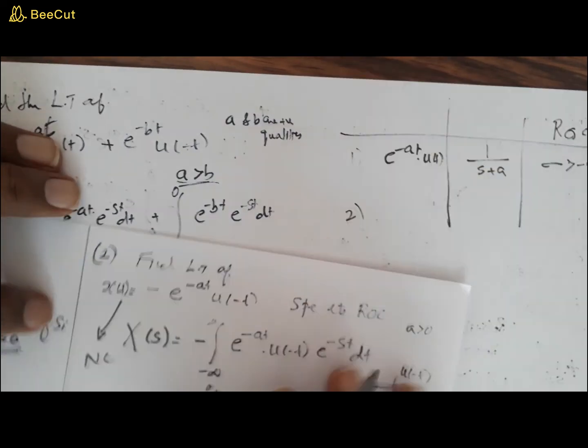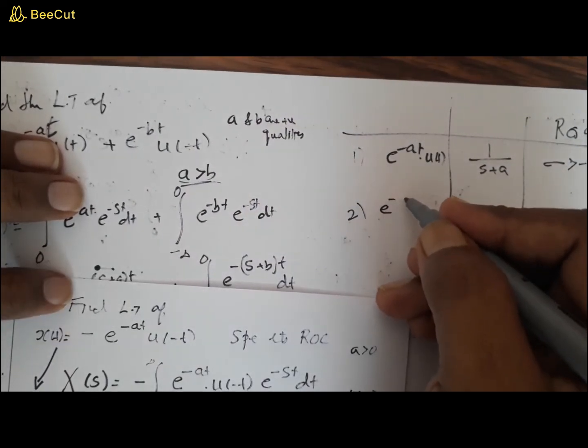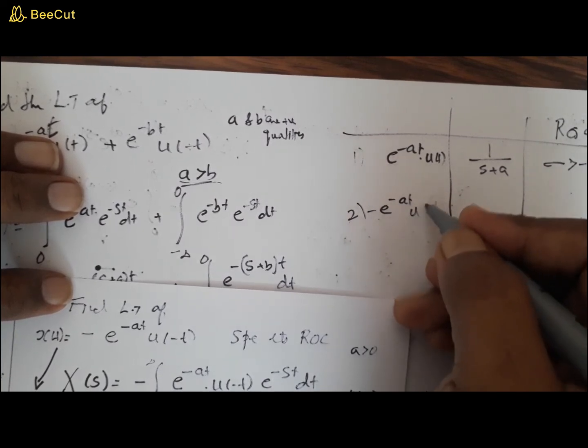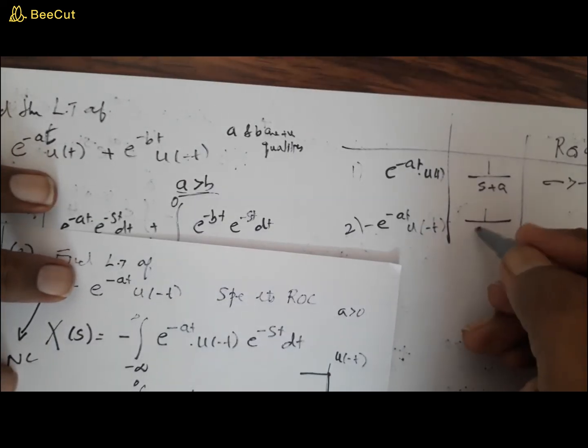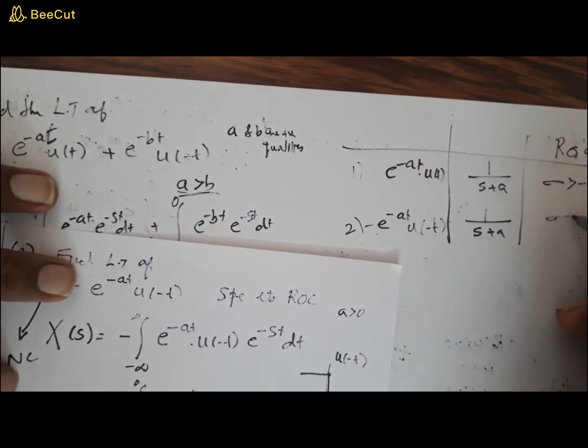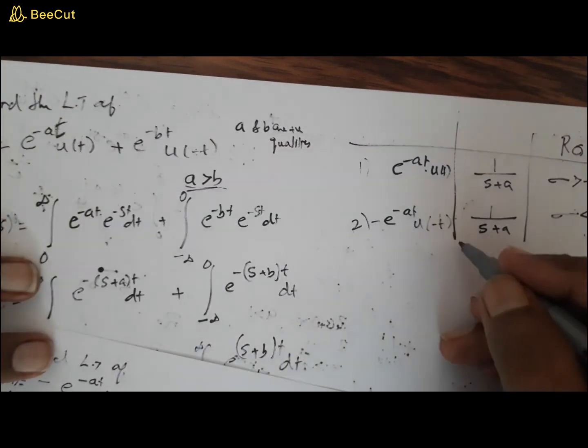Now let's move on to the second one. Second, we found e raised to minus at into minus of u of minus t. What is its transform? Its Laplace transform is 1 by s plus a, but sigma is less than minus a, right? Now the third case.